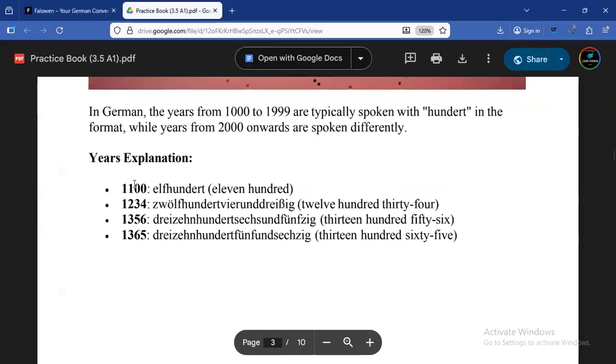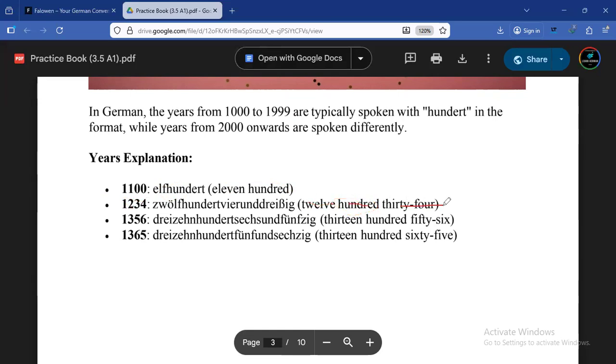So let's check an example here. We have 1100 here. There is no 10 here. So it's just going to be eleven hundred. Okay. 1234. We are going to put hundert in the middle.